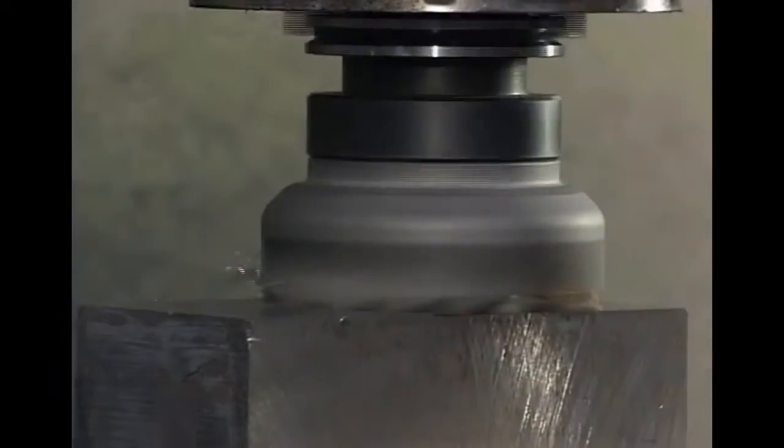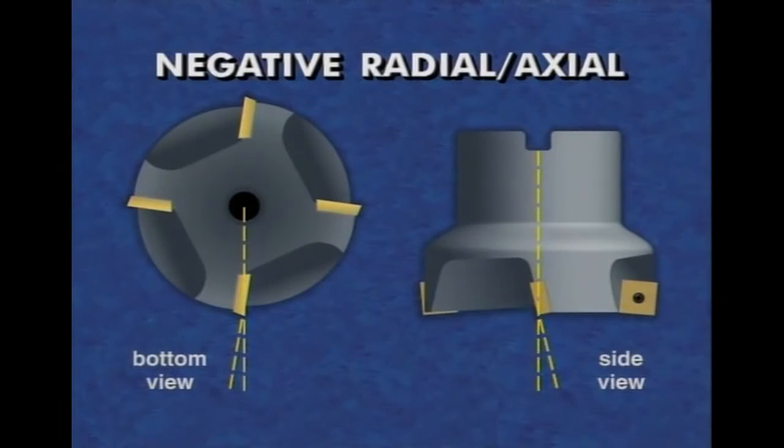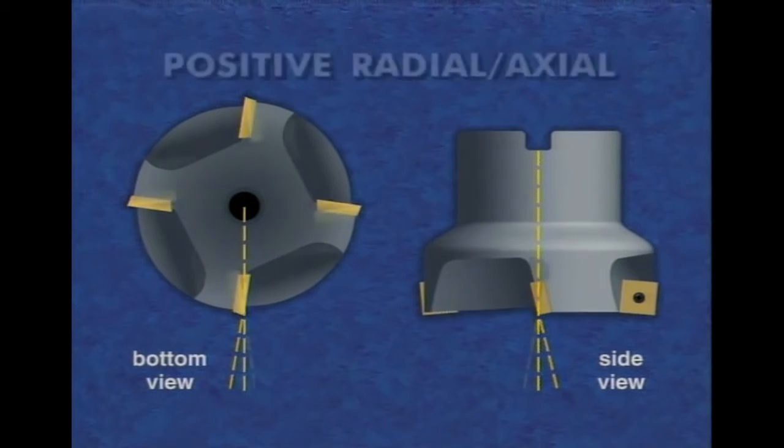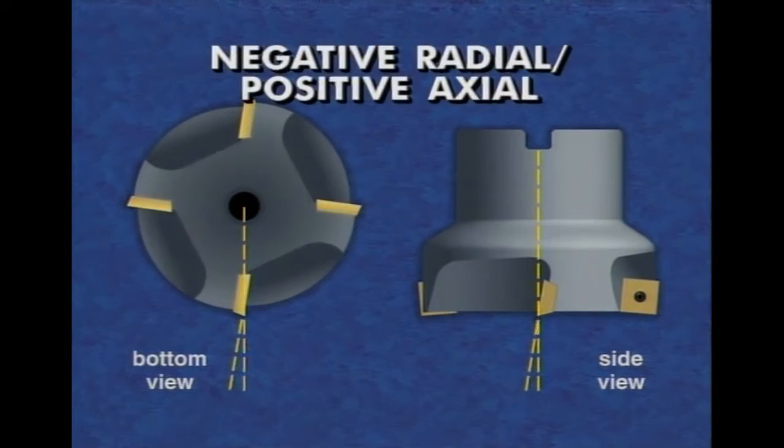The combination of axial and radial rake angles yield 3 geometries of milling cutters: negative radial and axial, which offers the strongest edges but generate the greatest cutting forces; positive radial and axial, which provides the freest cutting; and negative radial, positive axial, which presents a strong edge to the work but pulls the chip up.